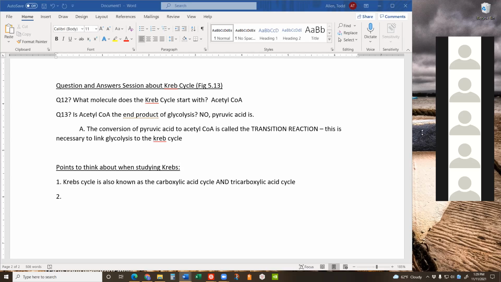So the 2 pyruvic acids originate from splitting the 1 6-carbon glucose molecule. Each of those 2 pyruvic acids has to spin through the Krebs cycle once to get 1 ATP. And so because you're making 2 pyruvic acids from 1 glucose, you need to spin the Krebs cycle twice to get 2 net ATP per glucose.